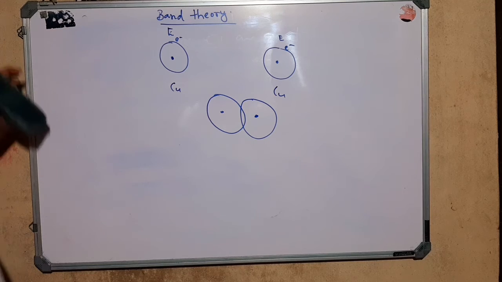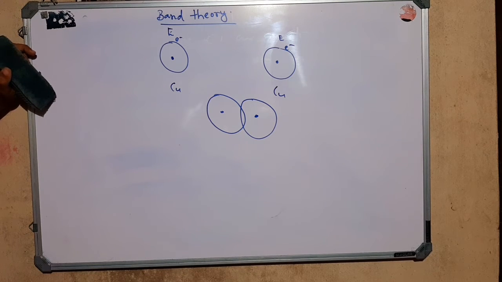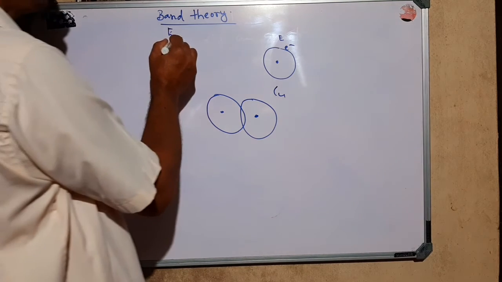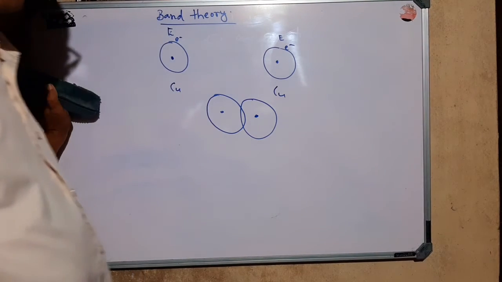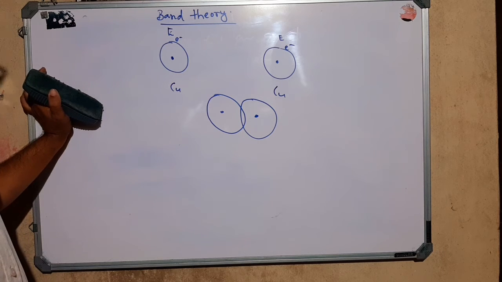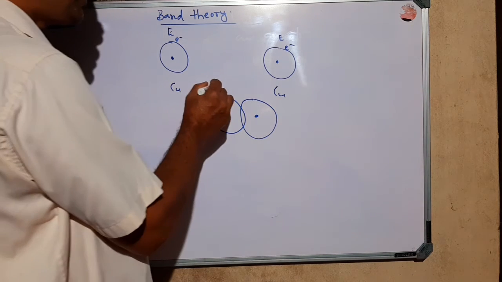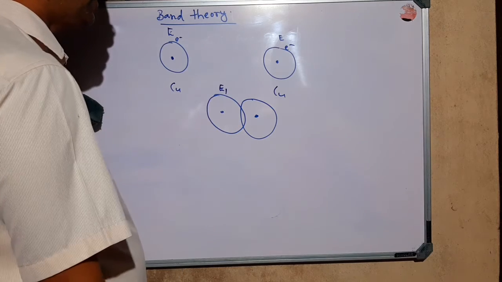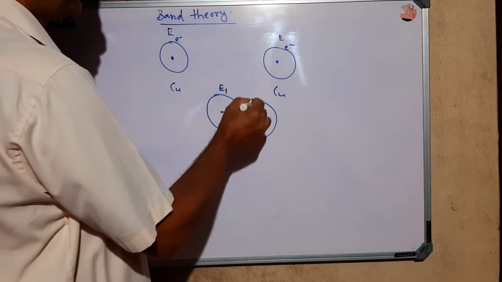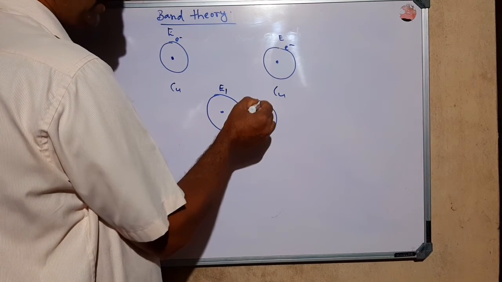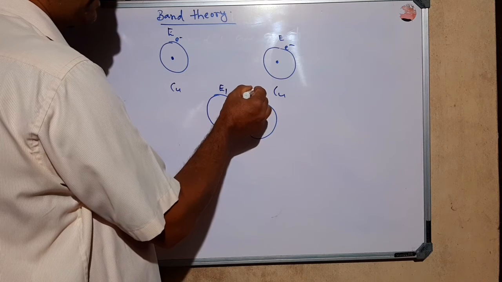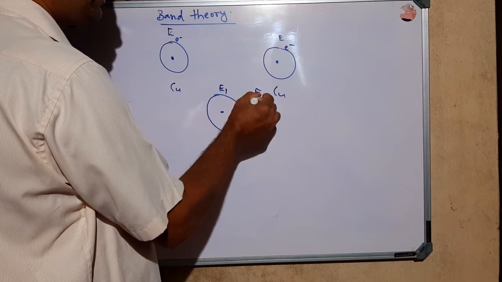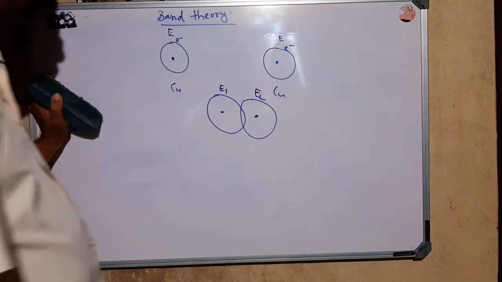When this happens, there will be interaction between these two valence electrons. Therefore, the energy of one valence electron is decreased to E1. For the second atom, the electron energy is increased by the same amount, it rises to E2.